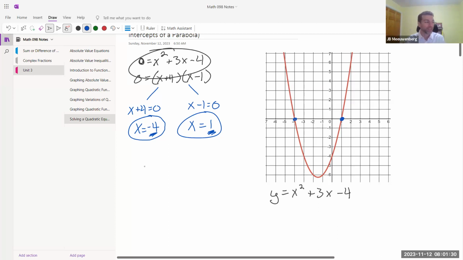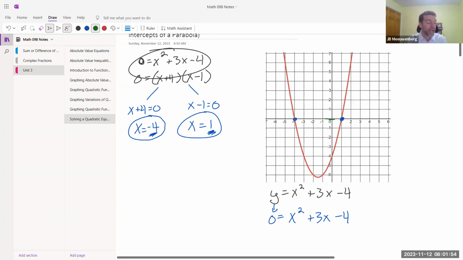Yeah, that's exactly right. Because in our quadratic equation that we solved up here, y was equal to 0. I gave you 0 equals x squared plus 3x minus 4. So I was telling you instantly that the y value had to be 0.